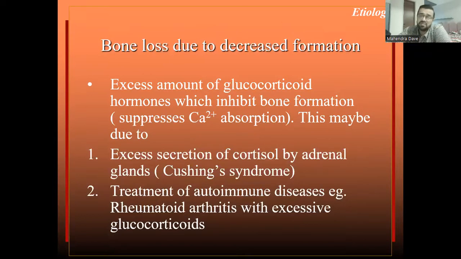The bone loss caused by decreased formation suggests an excess amount of glucocorticoid hormone, which inhibits bone formation, that is, it suppresses calcium absorption. This may be due to excess secretion of cortisol by the adrenal glands, which is seen in Cushing syndrome. It may also follow treatment of autoimmune disease, for example rheumatoid arthritis, with excessive glucocorticoids.